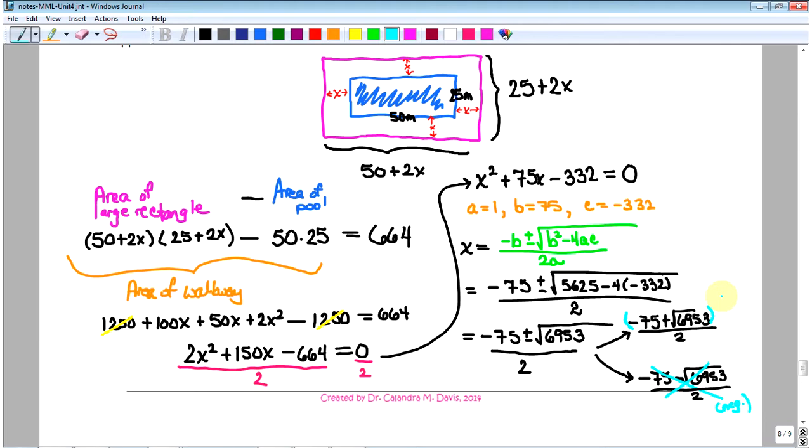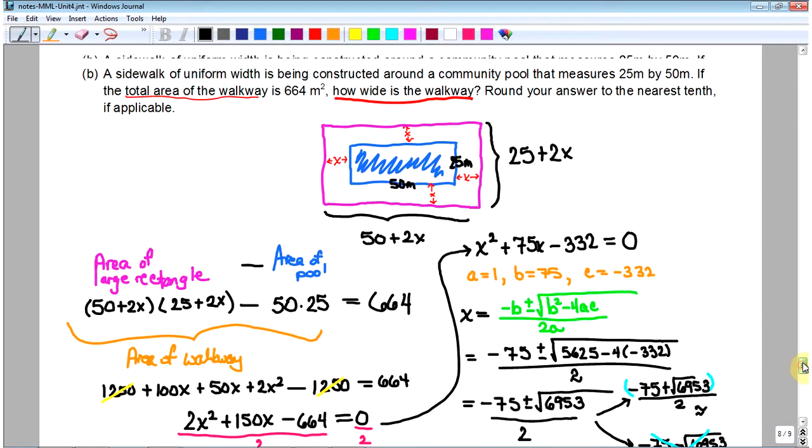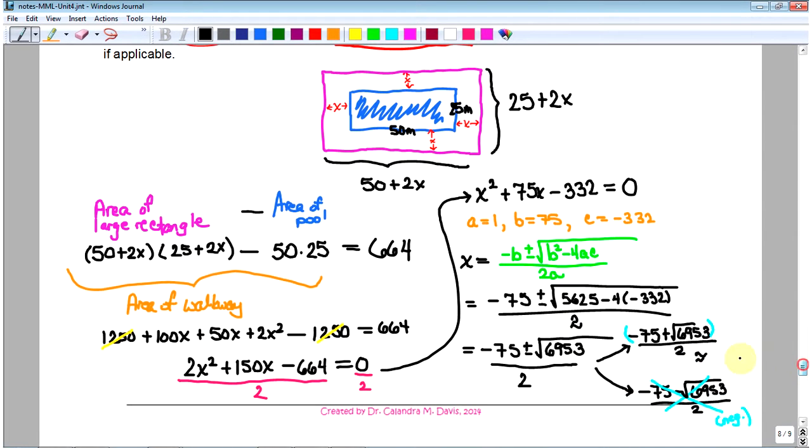So negative 75 plus the square root of 6953, close parenthesis, possibly close a second time if you had to close off your square root, divided by 2 is approximately, and let's see, the problem tells us to round to the nearest tenth. So this is approximately 4.2.